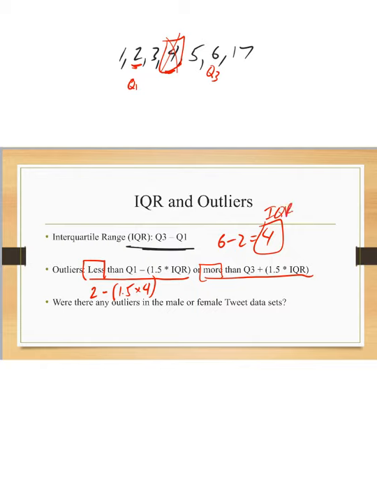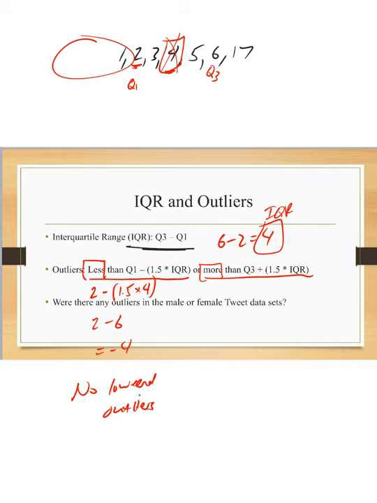And so that ends up being 2 minus 6, or negative 4. So any value less than negative 4 would be an outlier in this example. Obviously, we did not have any values less than negative 4, so there are no low-end outliers.